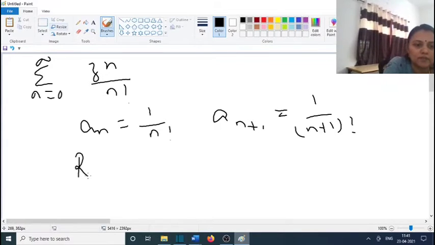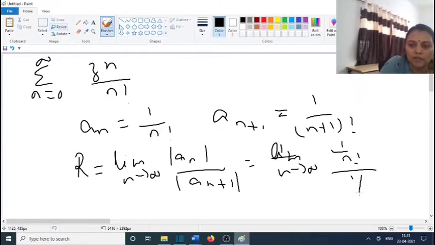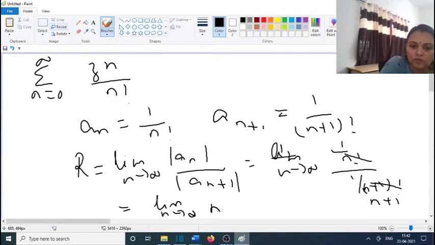So the radius of convergence is limit as n tends to infinity of |a_n| by |a_(n+1)|, which is equal to limit of (1 by n factorial) by (1 by (n+1) factorial). We can cancel, and the term n plus 1 goes to the top.